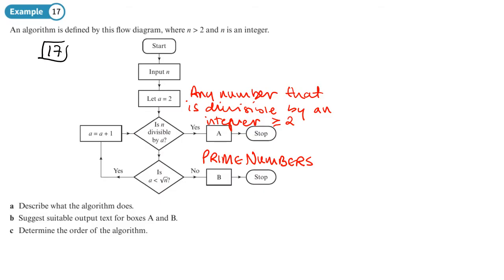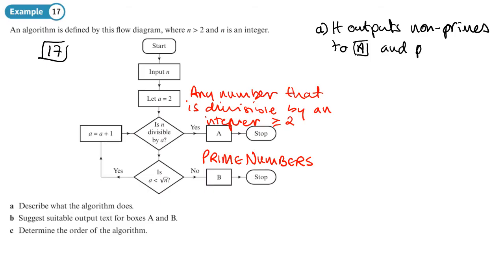So that's just a couple of examples, but I could basically say what the algorithm does. It outputs non-primes to A and primes to B. So it sorts them. It sorts all the non-primes here and the primes here.